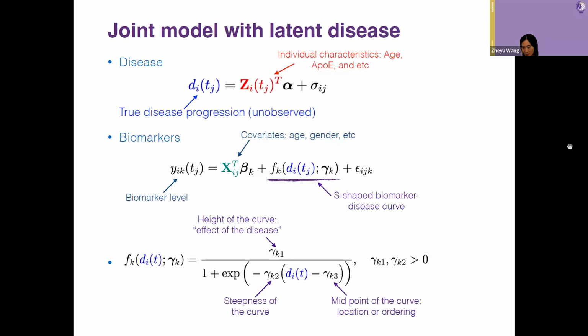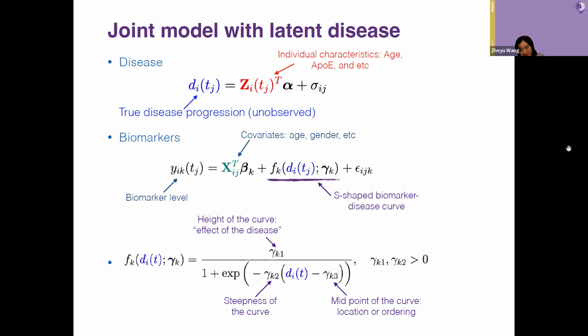And the choice of a parametric model is because in AD studies we don't have a lot of repeated measurements. So with a non-parametric approach, even though it may be more flexible, the confidence interval may be too wide to do any inference.